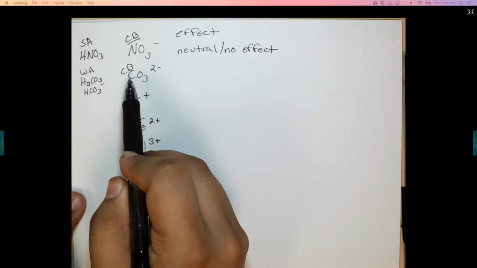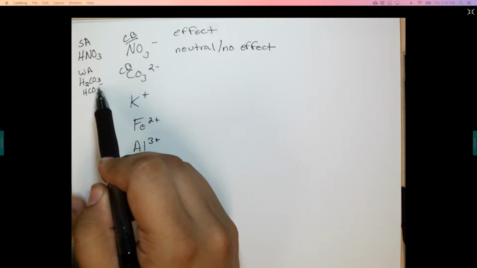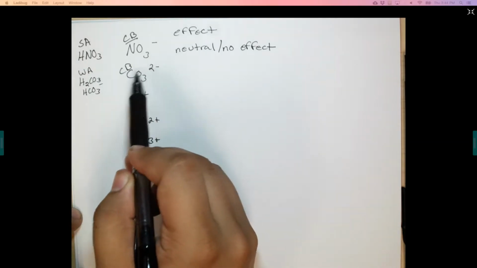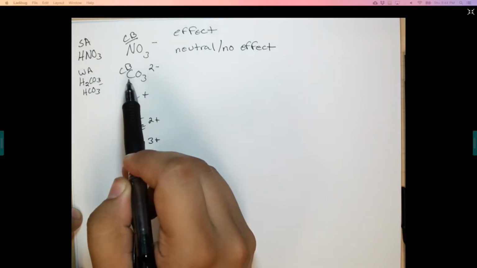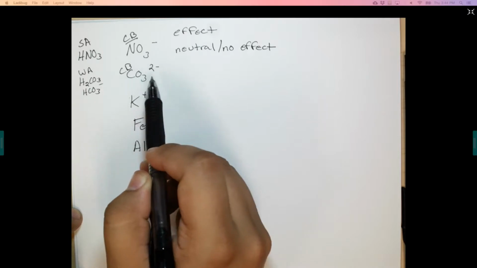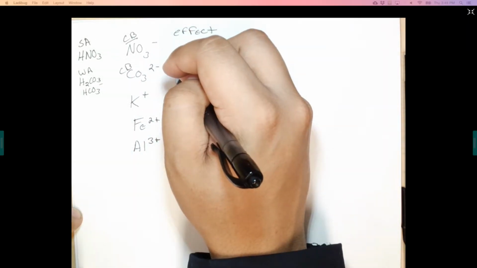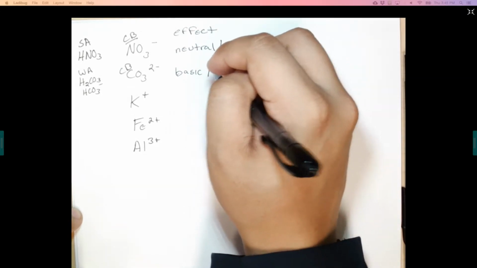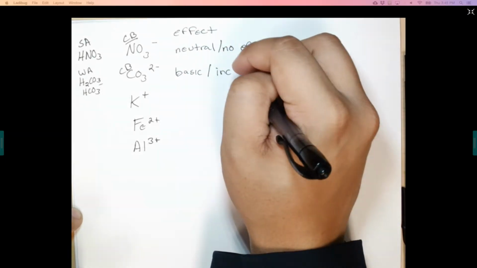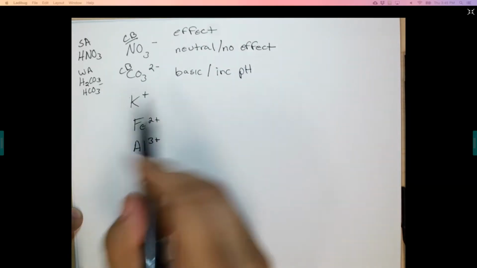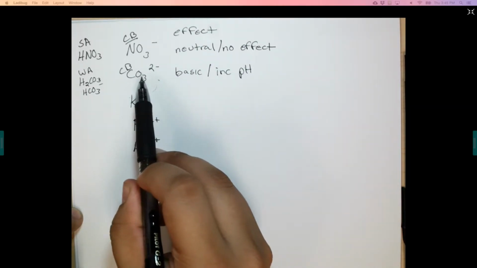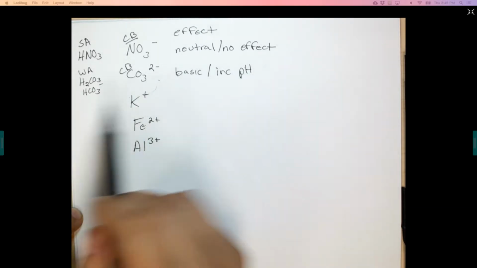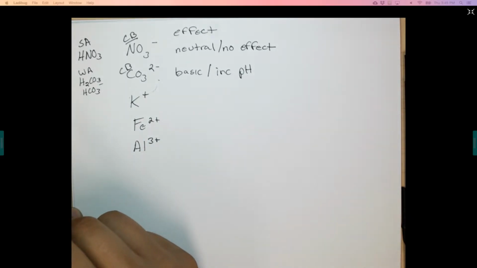Because this is the conjugate base of a weak acid, it does have an effect on pH because it is also considered a weak base. Therefore, it is basic, and the effect would be to increase pH. We'll have a small increase of pH if we looked up the Kb, which is based upon the Ka of these 2 acids. So it will be basic, and we should see an increase in pH.